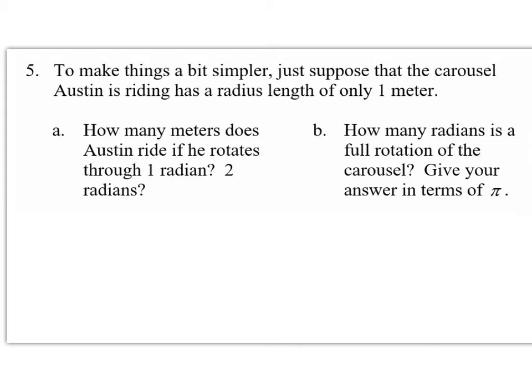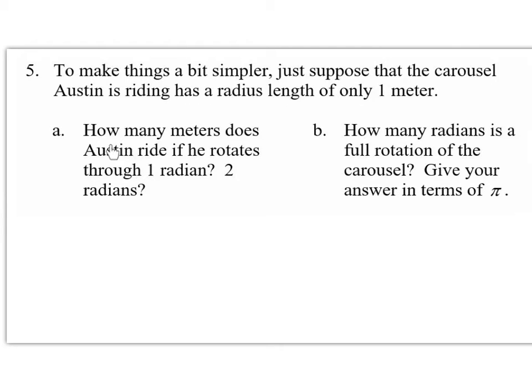Let's take a look at some of the other problems on this side of the sheet. One way to make this process a little easier is, if you remember, the length of the radius doesn't matter, so this will become much easier if we just have the radius length be only 1 meter, which of course ties into what we were doing with unit circles. So we're going to make the carousel ride along a unit circle with a radius of 1 meter.